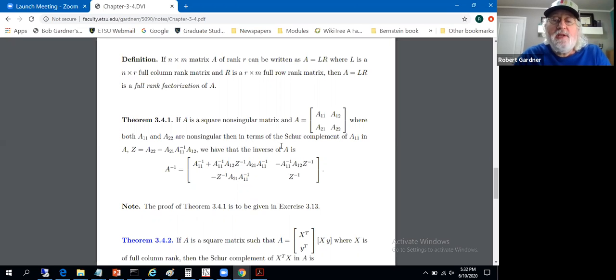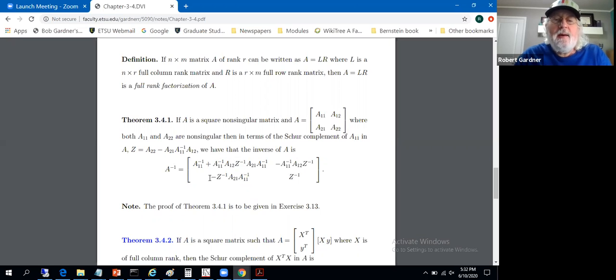Then the claim is, in terms of the Schur complement of A11 in A, to recall that was this thing here. So it's a combination of this, that inverse, and that. The claim is we can write the inverse of matrix A as given here. A inverse is, oh, there you go.